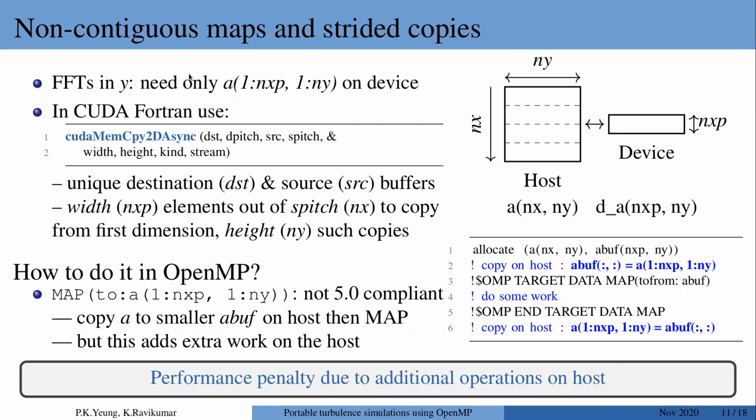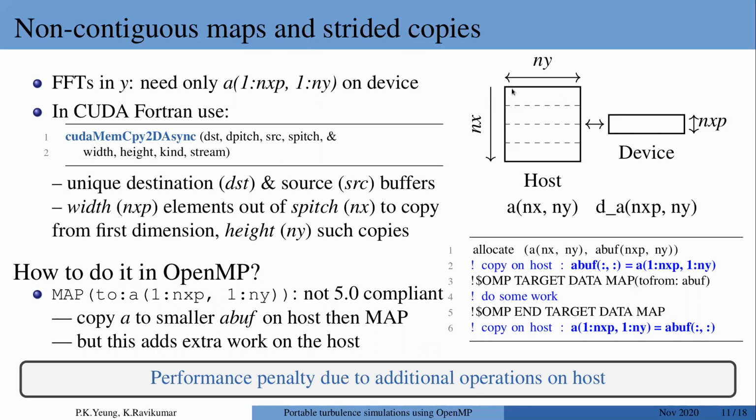That requires being able to do non-contiguous maps and strided copies. In the example shown here, we have a 2D plane of data. Since we are working on a Fortran code, the memory is contiguous in the column-wise direction, that is along the x direction. Say, for example, if we want to transform in the y direction, we would need a line of data in the y direction.